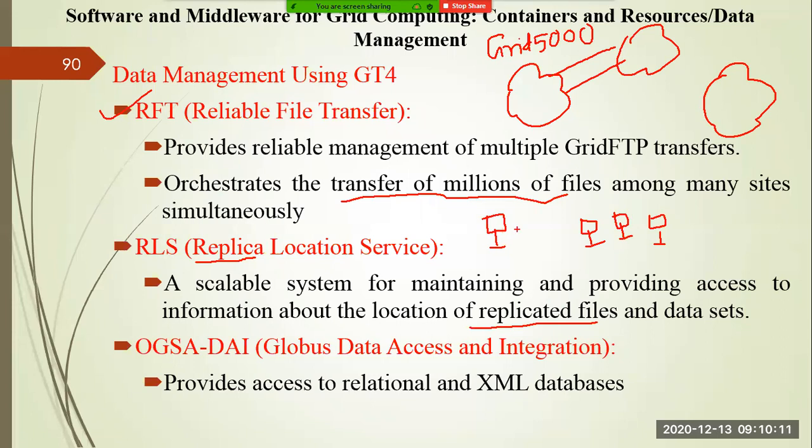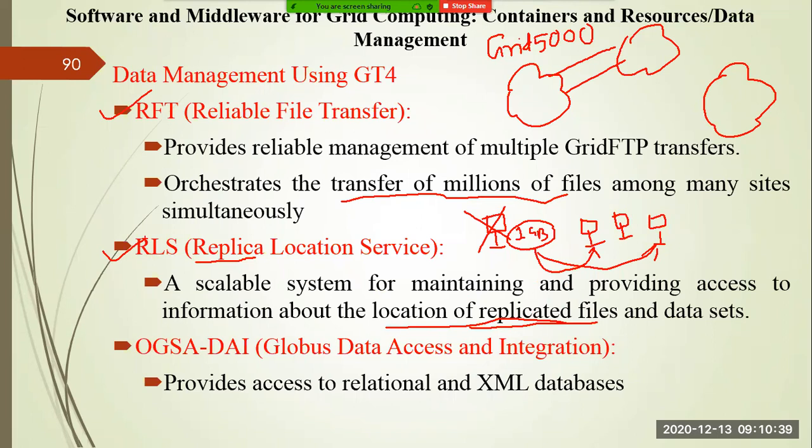Suppose I have stored a 1 GB file here, and it is replicated, meaning duplicated; a backup copy is stored in, let's say, this computer and this computer. What is the advantage? When this computer fails, you can retrieve the file from another computer system. In which location you have stored such duplicate files will be taken care of by the Replica Location Service.